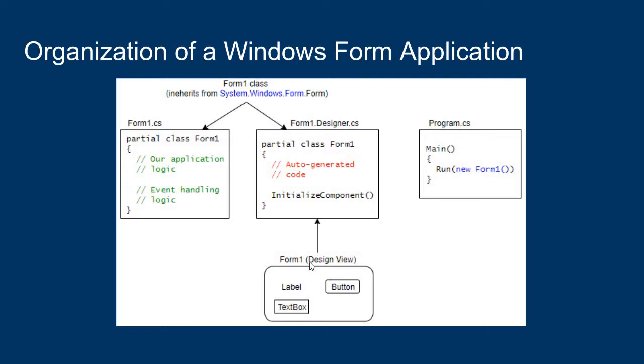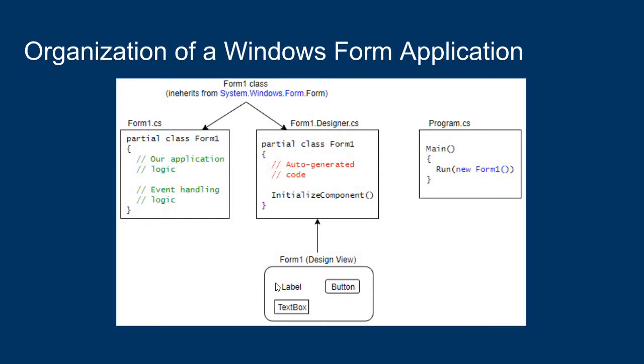Finally, there's going to be a Form1 design view. The design view is going to have a graphical user interface that we can drag controls onto, like buttons, labels, text boxes, etc. And we're going to be able to scale these controls and move them around and change their properties and colors and values.